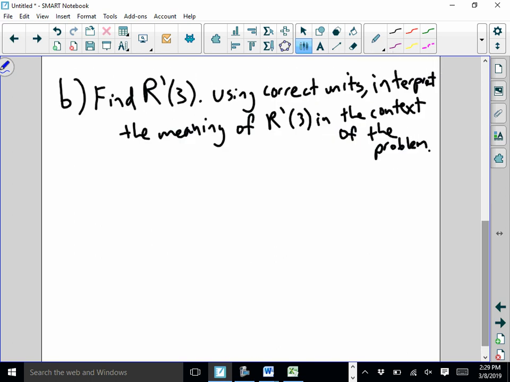Okay, so I'm finding r prime of 3. So that means I'm doing the derivative of r evaluated at a time of 3. To do your derivative, I'm going to show you 2 different ways. The way I usually do r prime of 3 is through the graph.